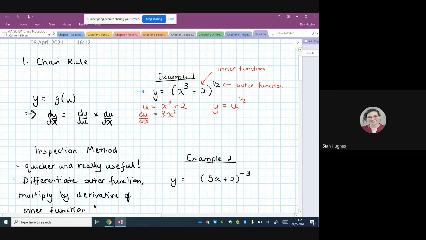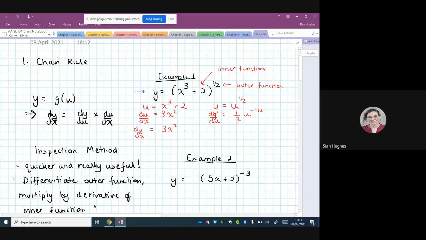So x cubed, the 3 comes to the front, the cube turns into a squared, and then the 2 disappears. And the y term, dy by du, would be half u to the minus half. And be careful taking the 1 away when you're dealing with fractions. So then our dy by dx is these two things multiplied together.